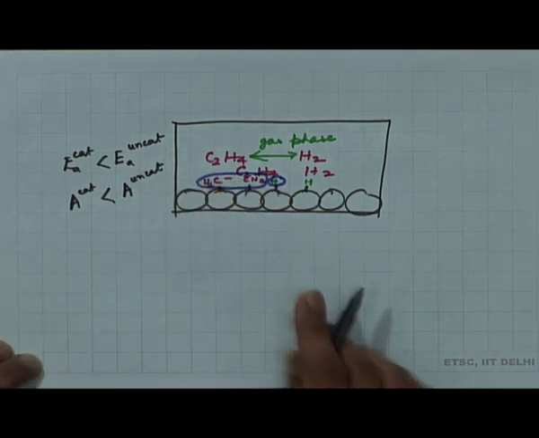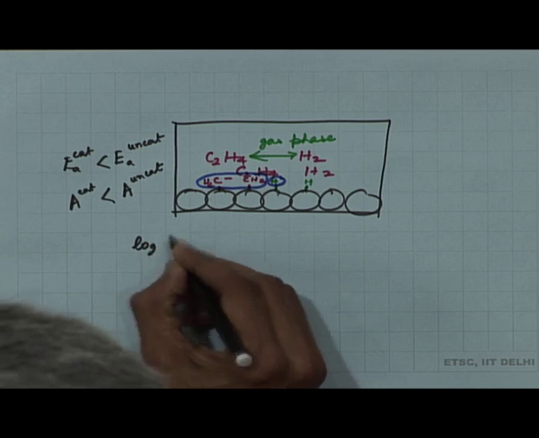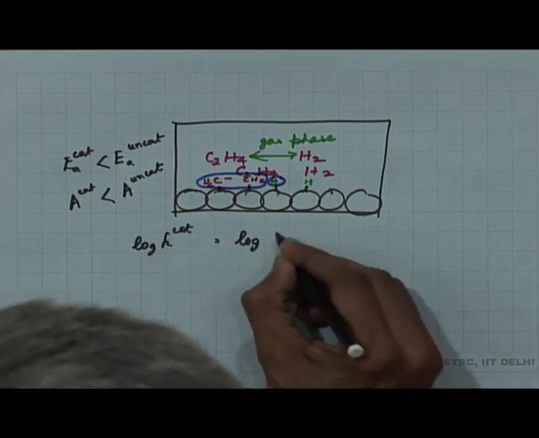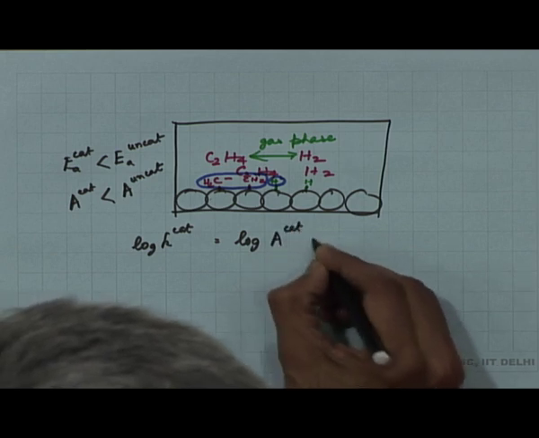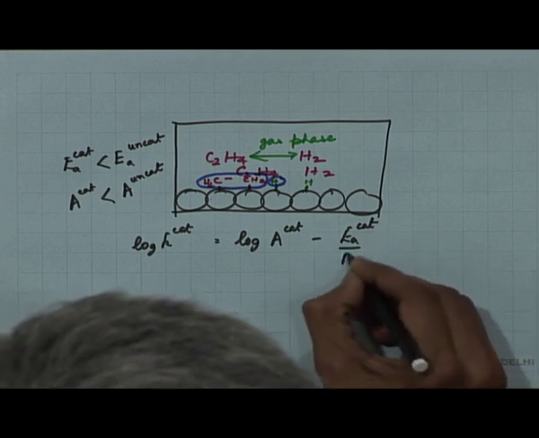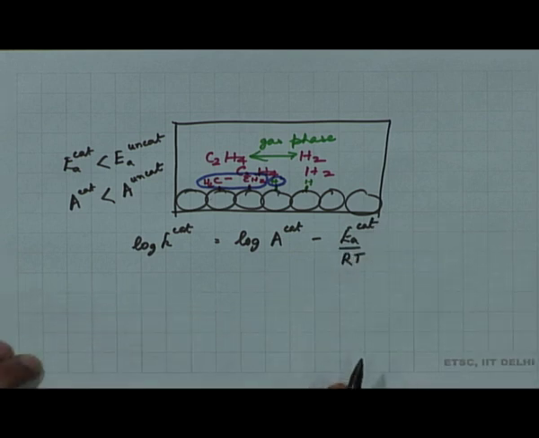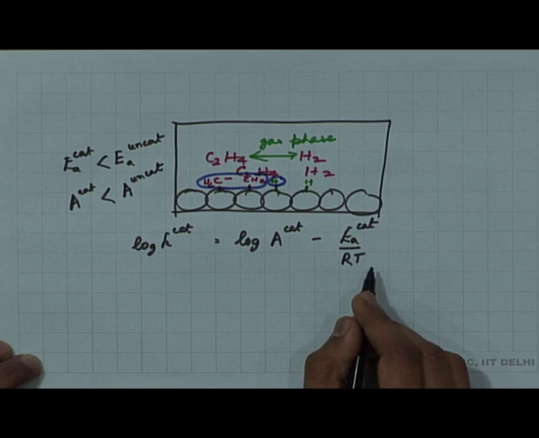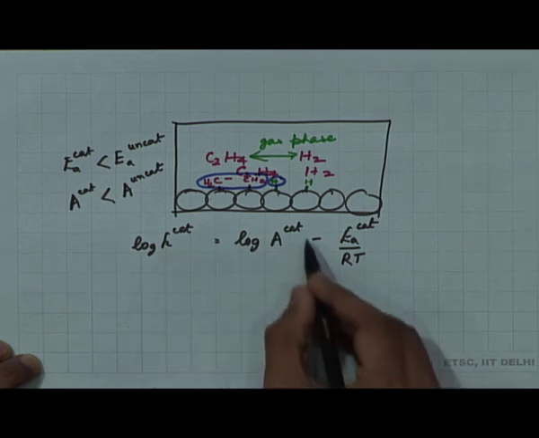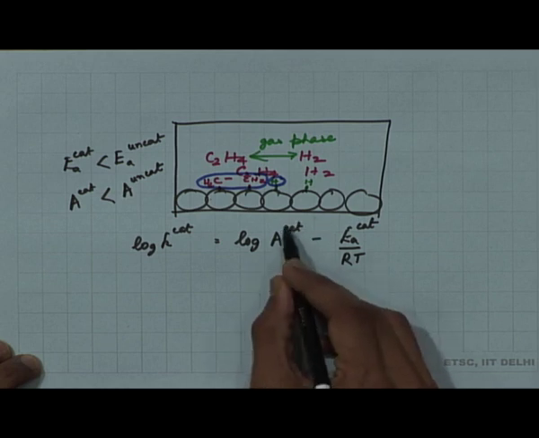So, effectively log k cat will then be proportional to this, so you may not get the complete enhancement in the rate constant that you expect if you believe that this is the same as uncatalyzed.